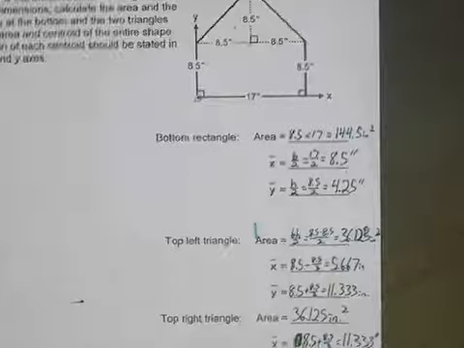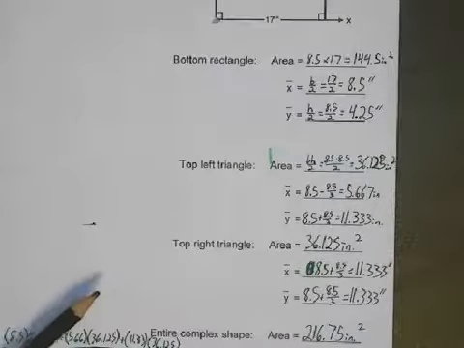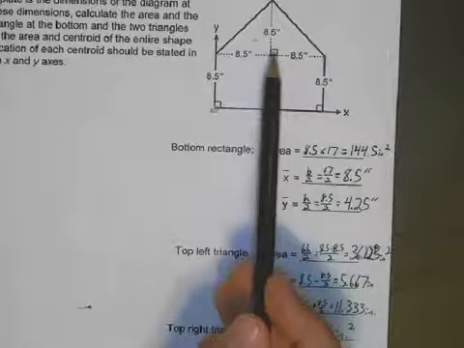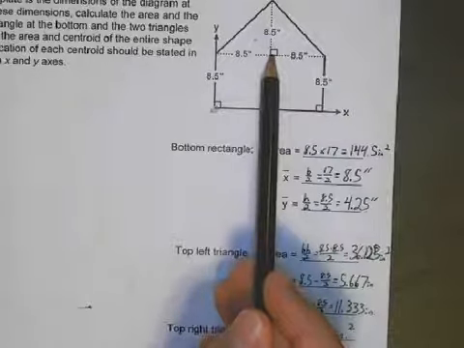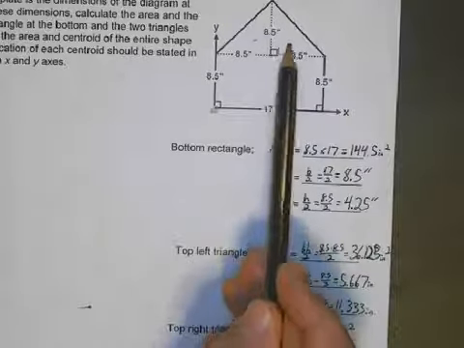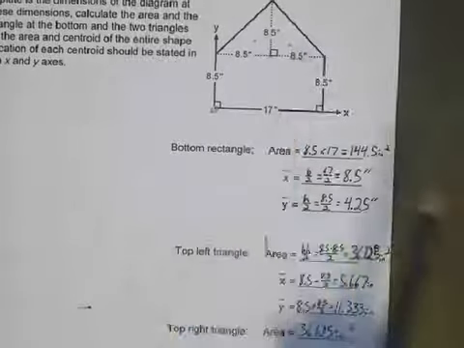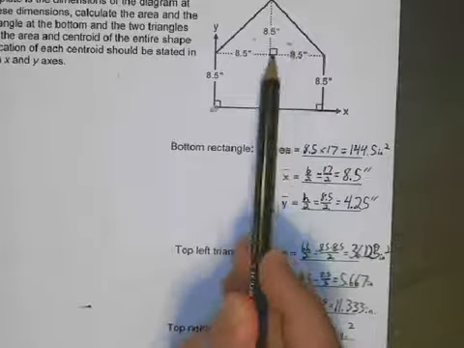Now my image is going to go away here, but we're going to talk about the top right triangle. Same concept, except now we're over here, so we're going from this point here over for my x centroid, and then it'll be up again for my y. So my y centroid will be exactly the same, and my x centroid will just be a little bit different.